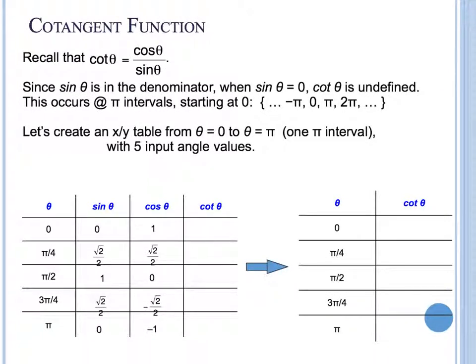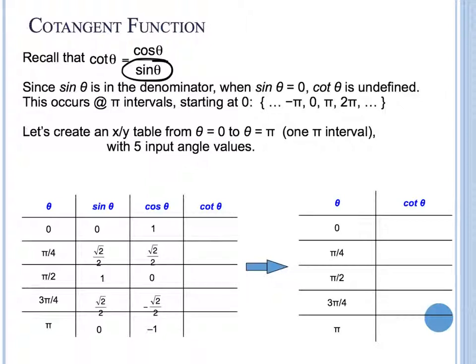So this is looking at cotangent, and cotangent has sine in the denominator. And so this is going to give me an undefined every time that I am getting 0 from sine being 0. So I have a similar table set up here to give me cotangent. This time I need to keep cosine in the numerator.